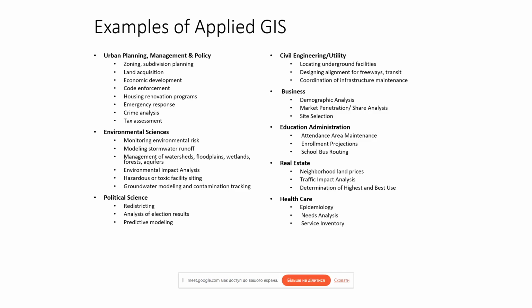Earth monitoring of land, forest, and sea surface and flow monitoring, modeling stormwater runoff, management of watersheds, floodplains, wetlands, forests, environmental analysis, hazards of toxic facilities, siting, groundwater modeling, and contamination tracking.